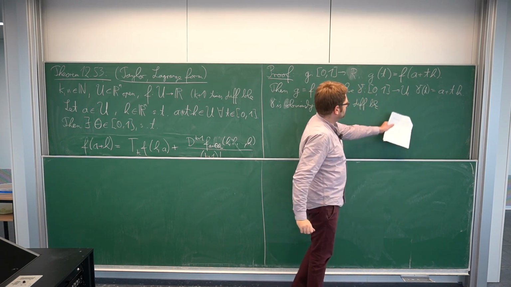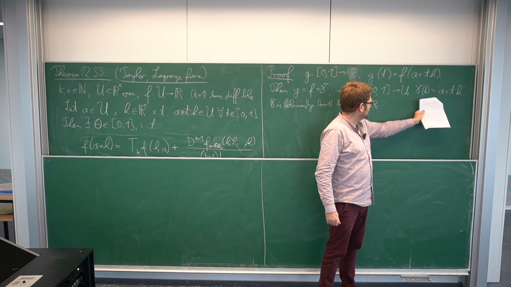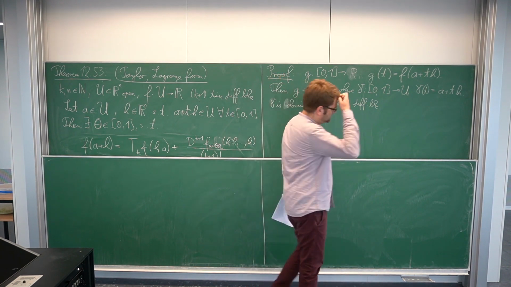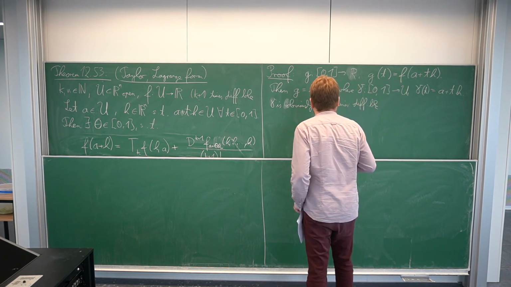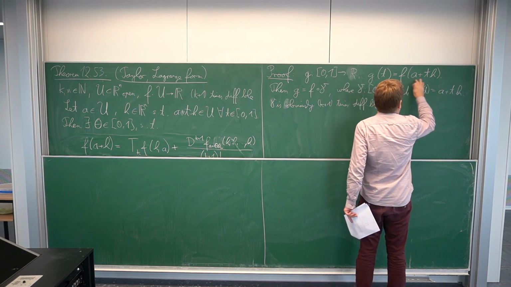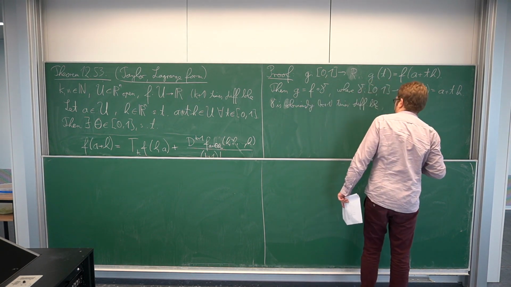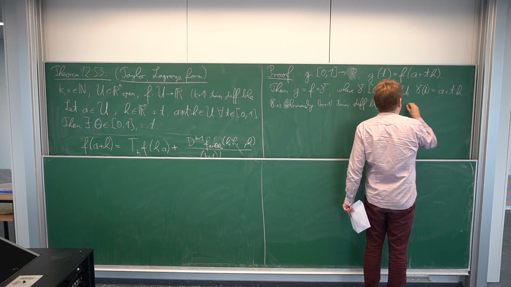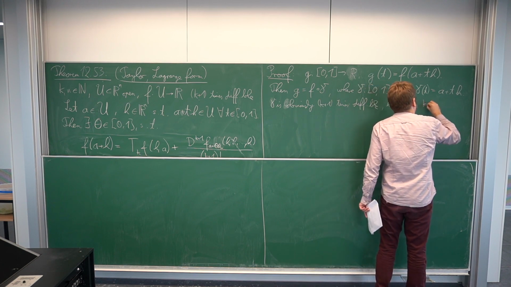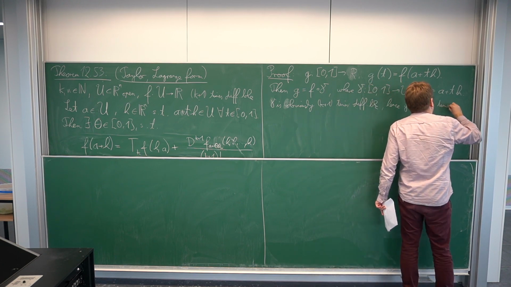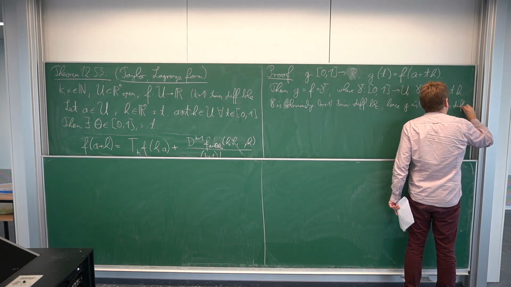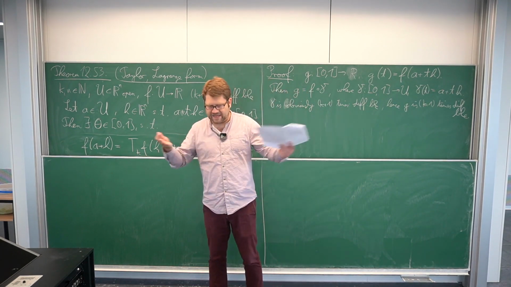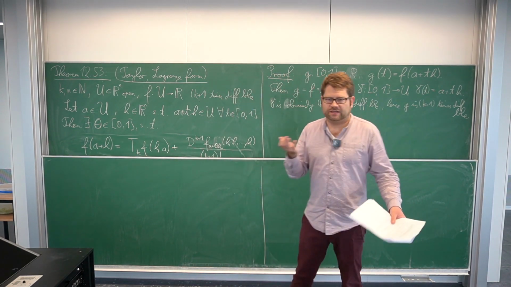If you derive this curve, gamma prime is just the constant h. If you derive it again, you get 0, and you can derive again and again and get 0, so you can derive this as often as you want. So g is a composition of two k plus 1 times differentiable maps, so g is k plus 1 times differentiable. This is something I haven't proven explicitly, but compositions of n times differentiable maps are again n times differentiable.